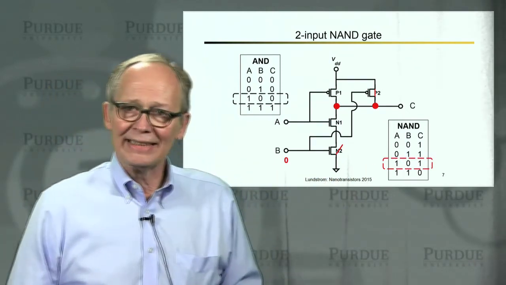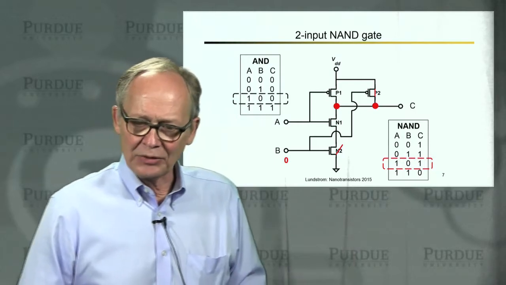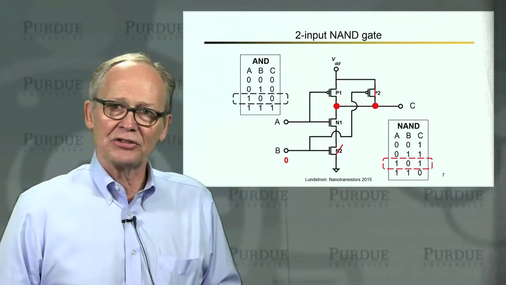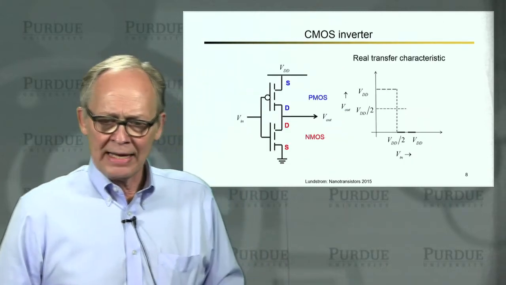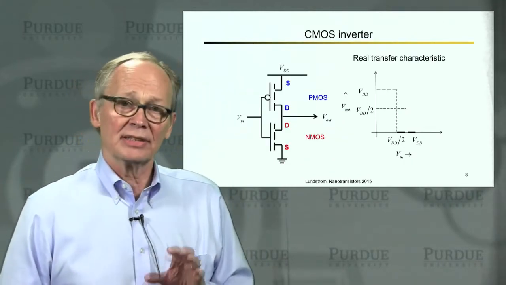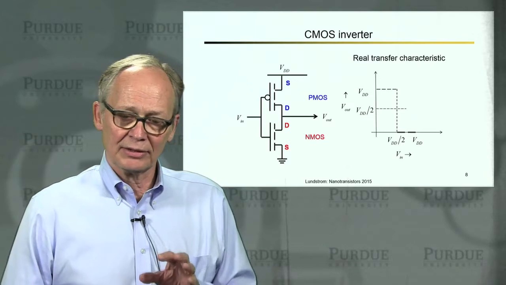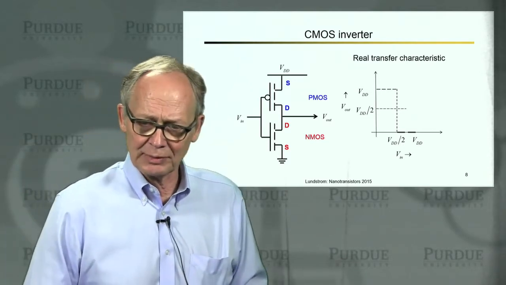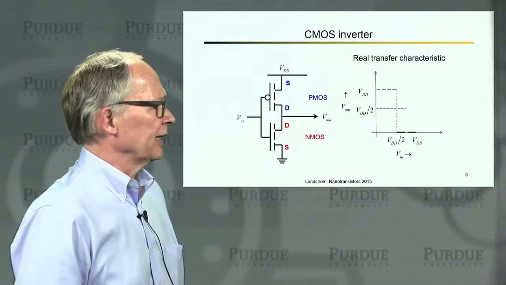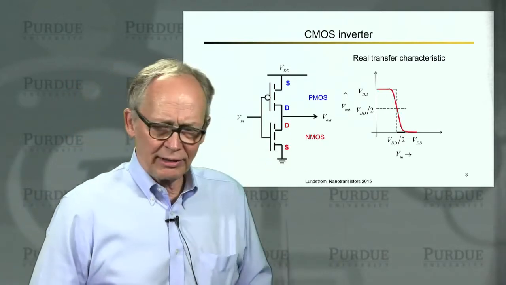So with simple ideas like that, we can understand how these logic gates are produced from basic N-MOS and P-MOS inverters. And we can then focus just on the inverter itself and see if we can understand what controls its performance and how it relates to the device performance. So here's our inverter again. Here's our transfer characteristic.